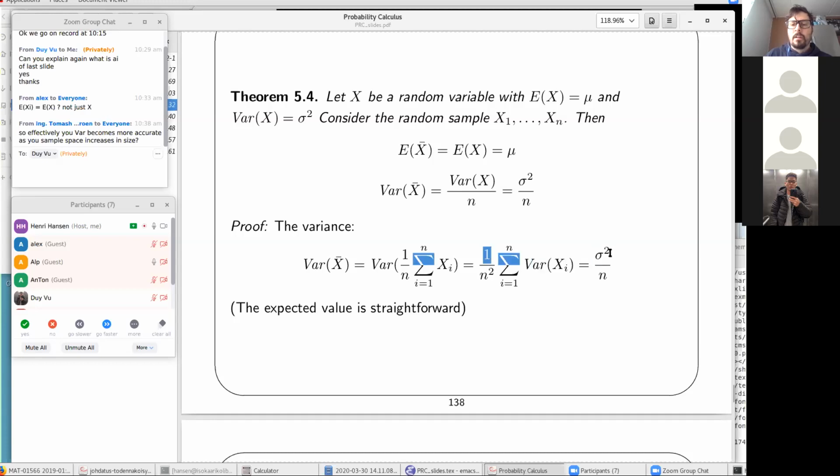So it's the variance of x divided by n. It simply means that the larger the sample you have, the less variance the average will have. If n approaches infinity, this variance approaches 0, and then this mu approaches the actual expected value.